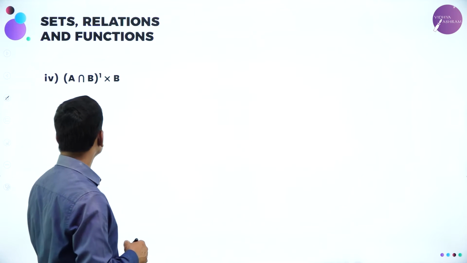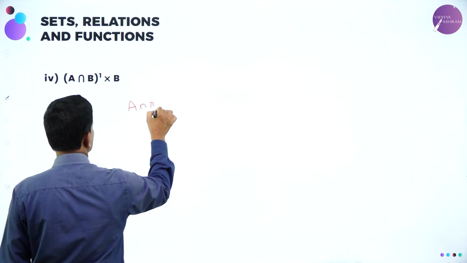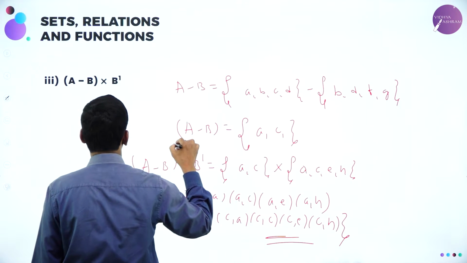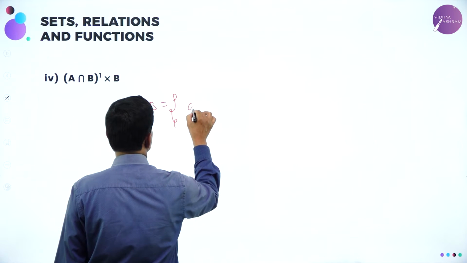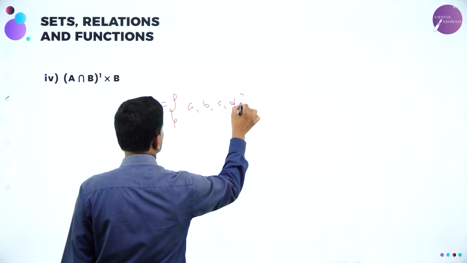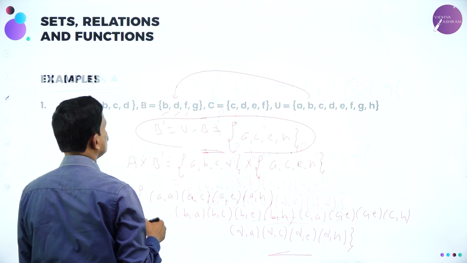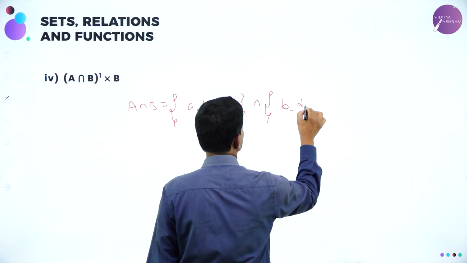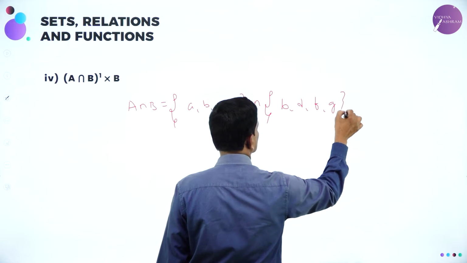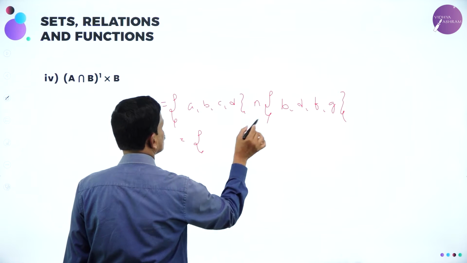Now let us come to the last one, A intersection B whole dash. First find out A intersection B. What does A contain? A contains A, B, C, D. Intersection B. What does B contain? B contains B, D, F, G. Now the intersection of these two is, what is the common?